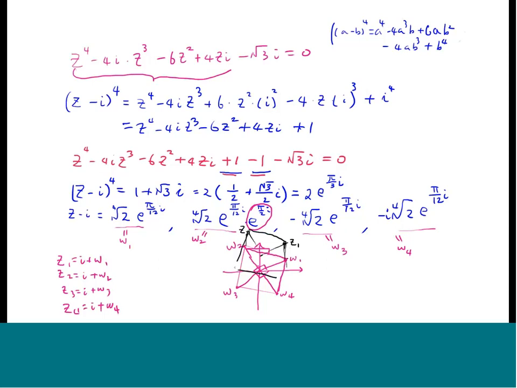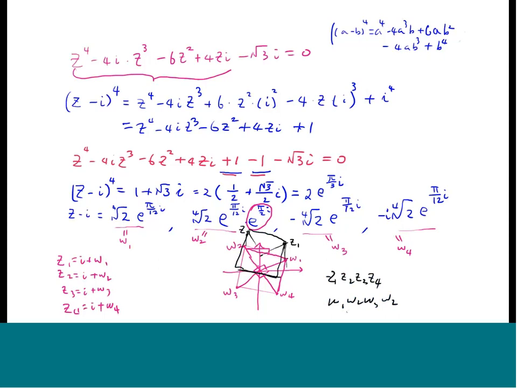Anyway, the final picture should look like this. Z1, Z2, Z3, Z4 are just W1, W2, W3, W4 moved by i. They are actually congruent, so the area will be the same.